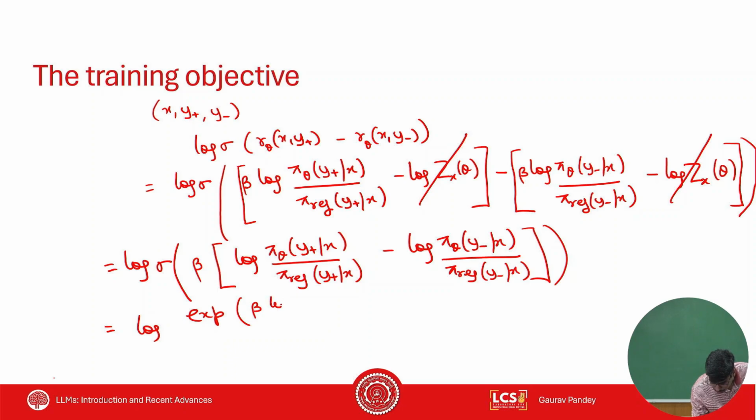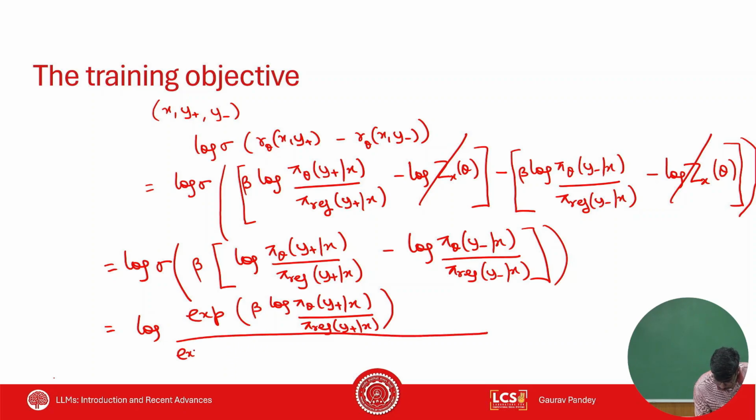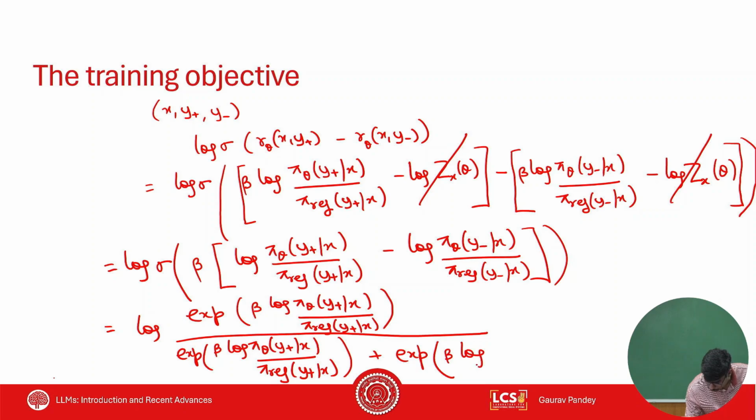Beta times log pi theta y plus given x over pi ref y plus given x, over the same quantity, exponential of beta log pi theta y plus given x plus exponential of beta log of the y minus term.